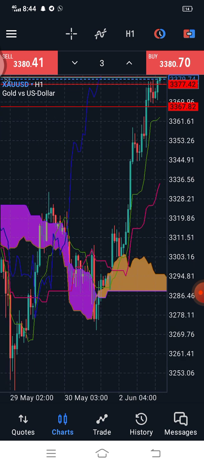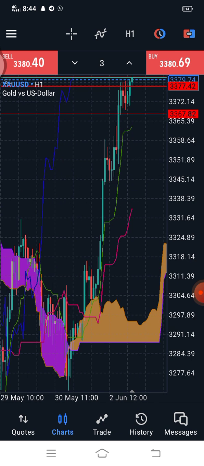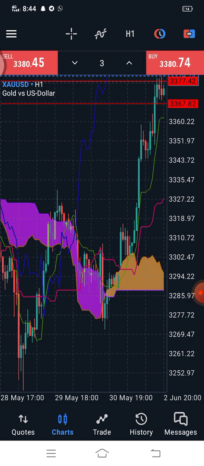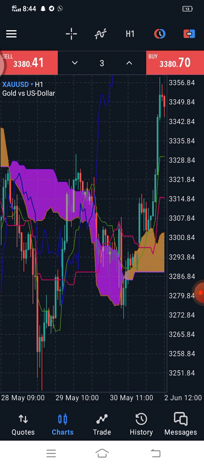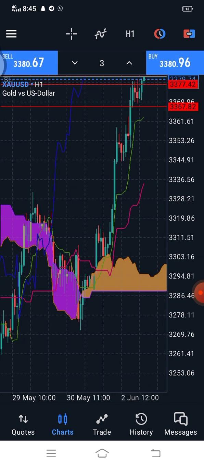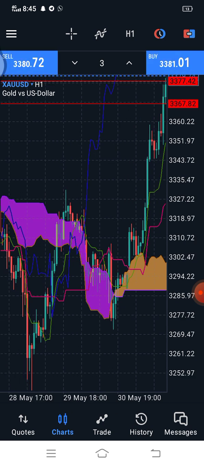So coming over to this 1 hour time frame, when you want to enter a market, having known the trend direction, there are criteria you look at. First of all, the conversion line.